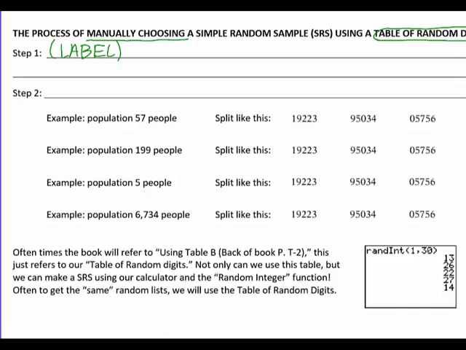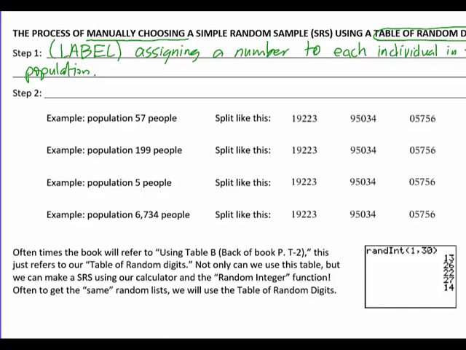What we're doing when we are labeling is we are assigning a number to each individual in the population. Okay, in the whole group. So everyone gets their own unique number, their own identifier.